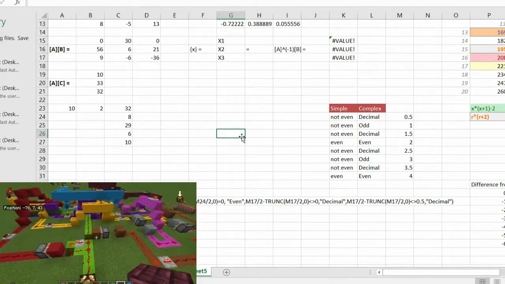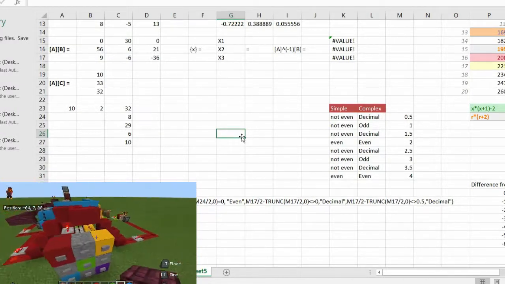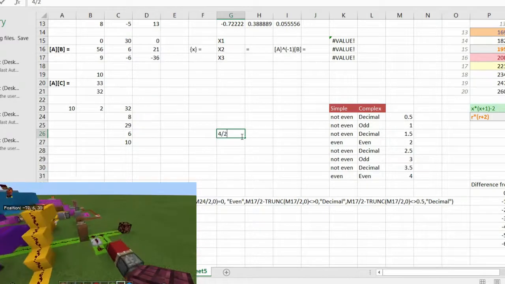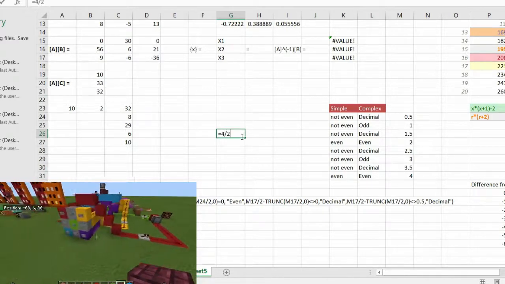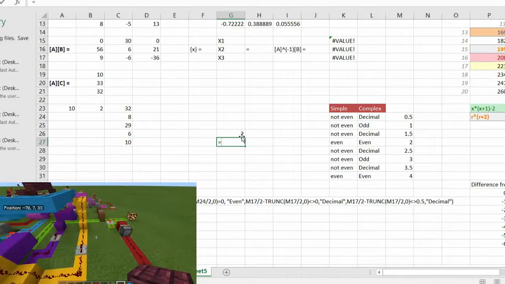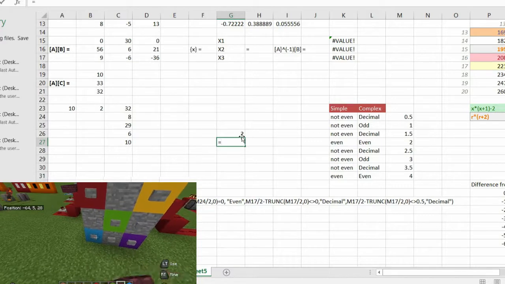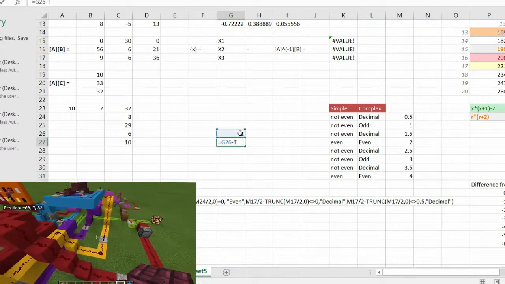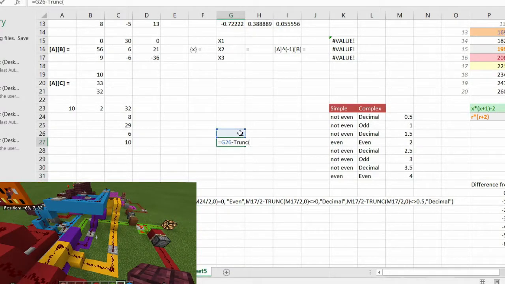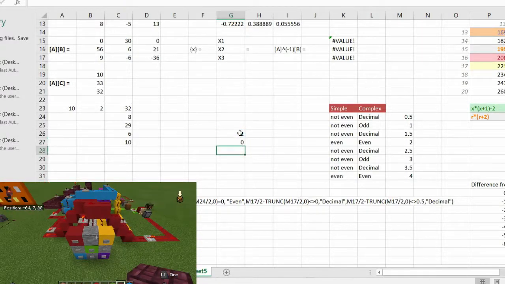That makes sense, right? Yes, it does, because of the truncated version of, for example, 4 over 2. So let's do another example for even. So equals 4 over 2, which is 2. Okay, cool. So let's do equals that 2 minus the truncated version of this to 0 decimal places.